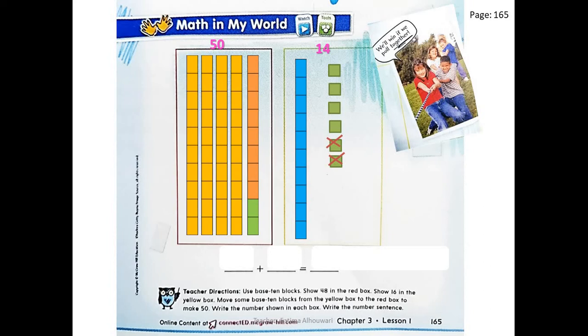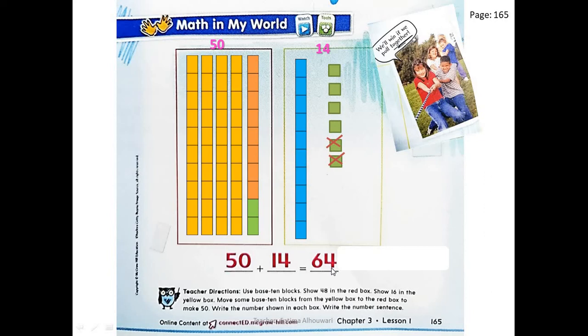Interesting. Now we can add these two numbers easily. So let's write the addition number sentence to add these two numbers. 50 plus 14 equals, again, we have to add ones digit to ones digit. Here we have 4 and here we have 0. So 0 plus 4 equals 4. And we have to add tens to tens. Here we have 1 and here we have 5. So 5 plus 1 equals 6. So 64.